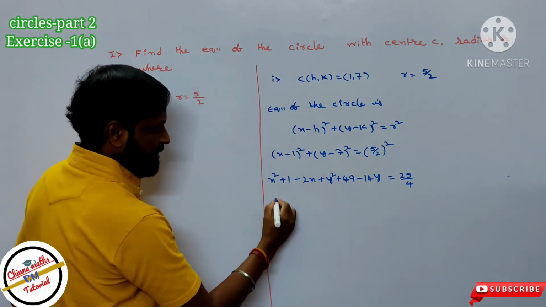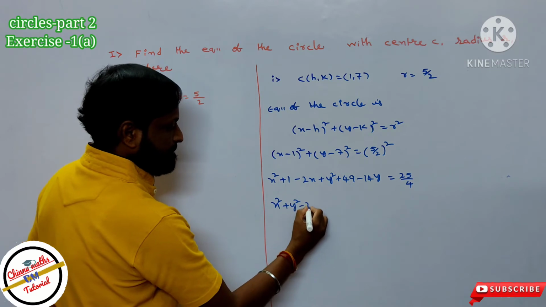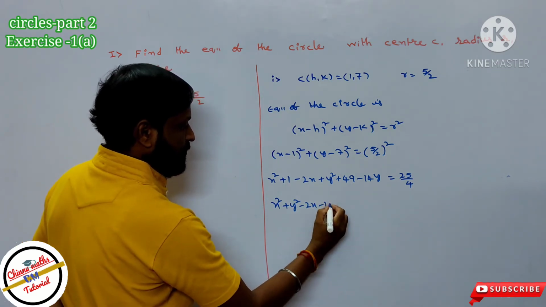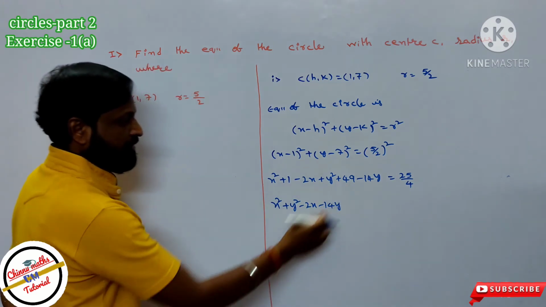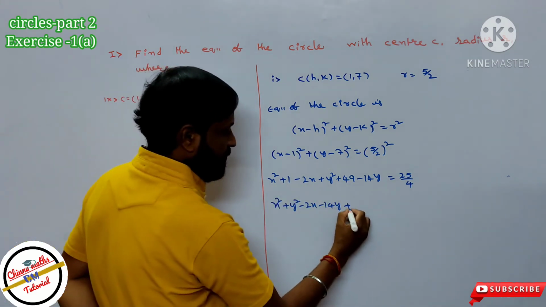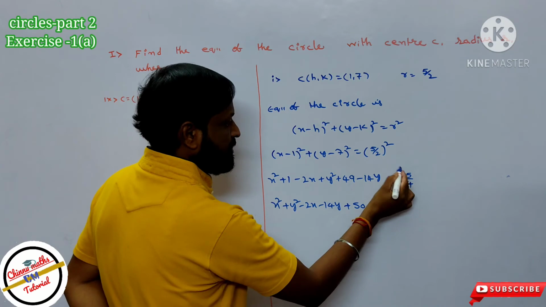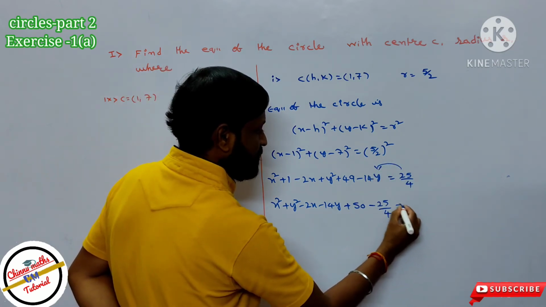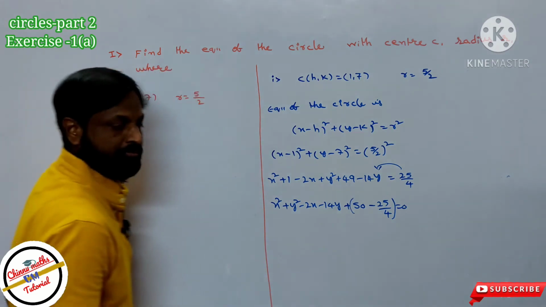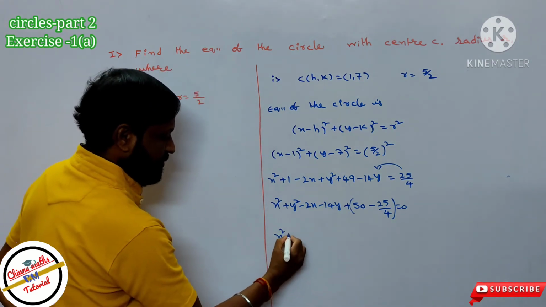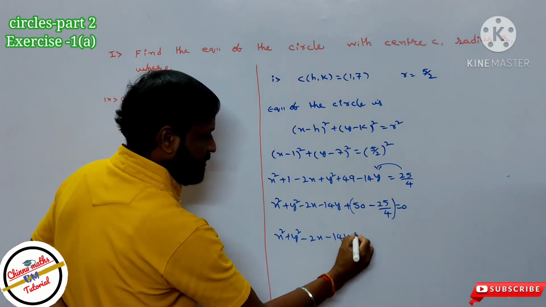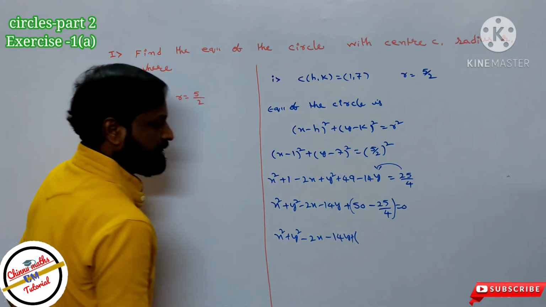Write in order x square plus y square minus 2x minus 14y. The constant value is 49 plus 1 equals 50. This can be written as plus 50 minus 25 by 4 equal to 0. Write in bracket: x square plus y square minus 2x minus 14y plus, what is the LCM?